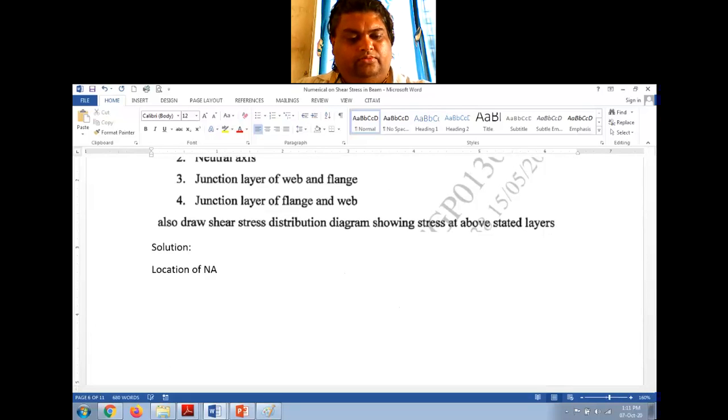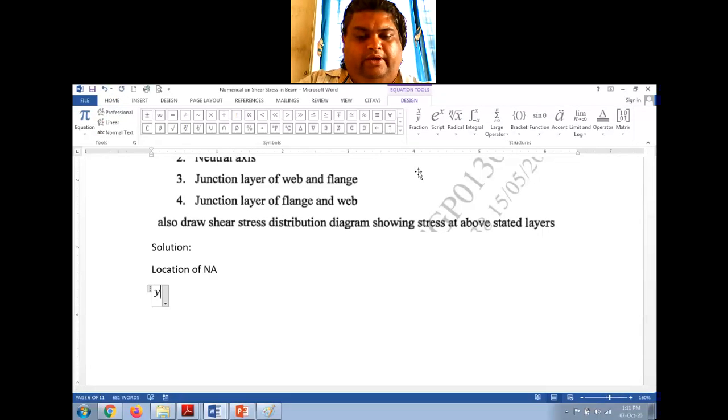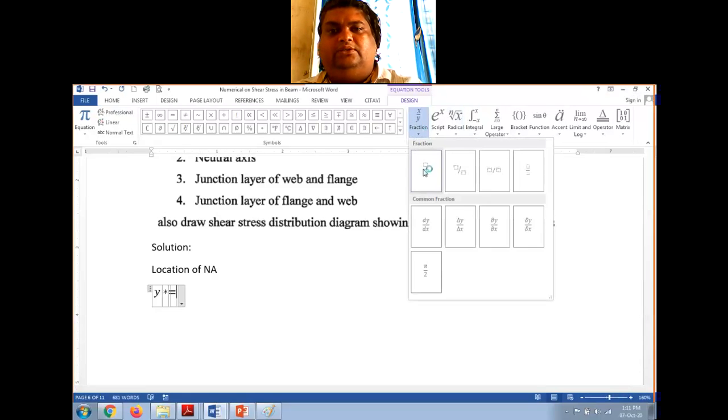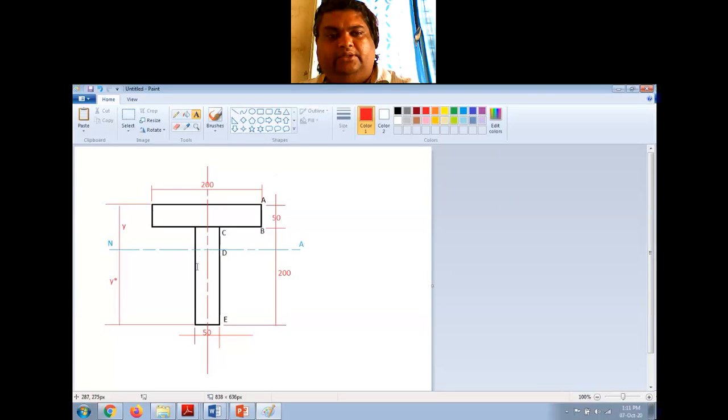So that is your y star is equal to what is the formula? Sigma a y divided by sigma a, right? So I have only two rectangles, a1 y1 plus a2 y2 by a1 plus a2, right? This is one rectangle and this is another rectangle.